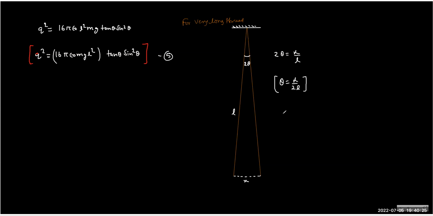So for the small angle approximation, equation 5 implies q square equals 16 pi epsilon naught mg L square into theta cube. Can you see this? Tan theta is theta for a small angle, and sin square theta is theta square, correct?